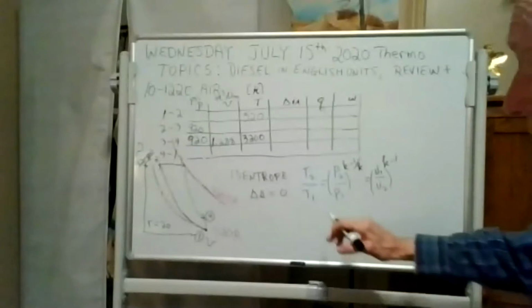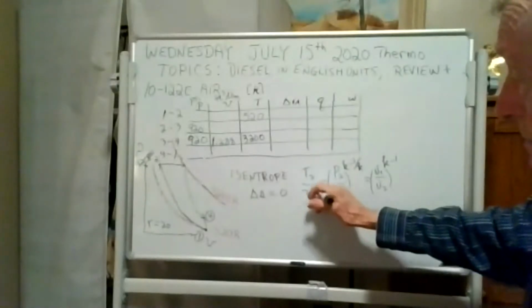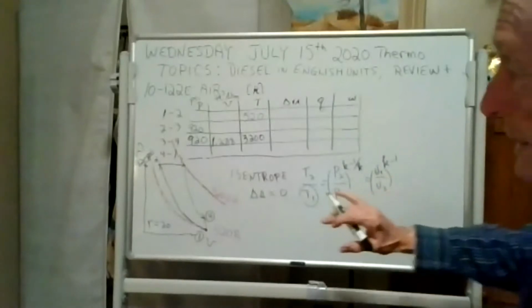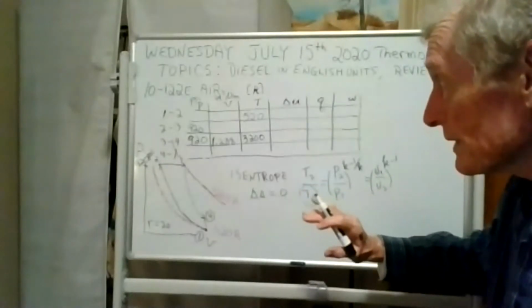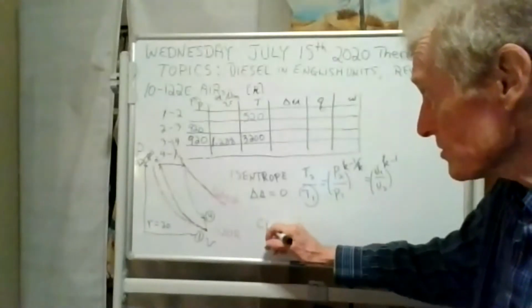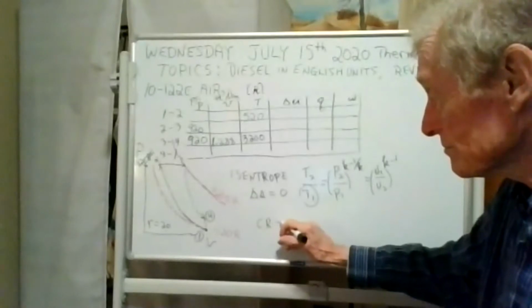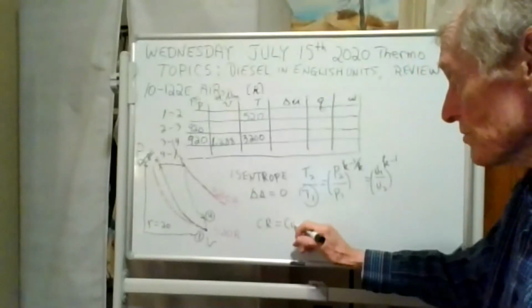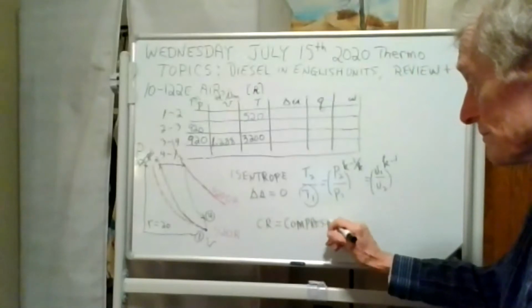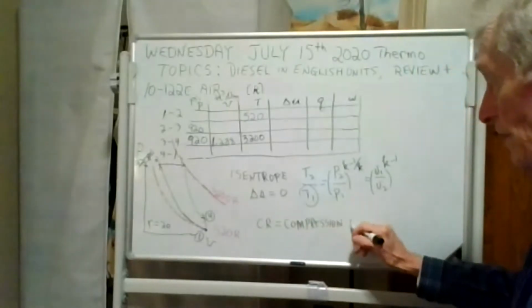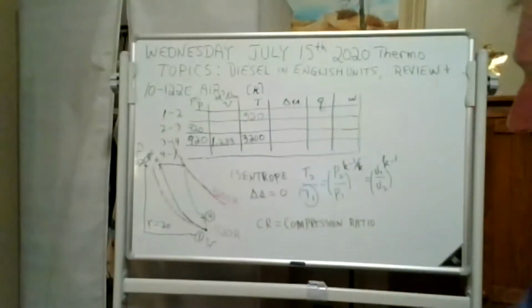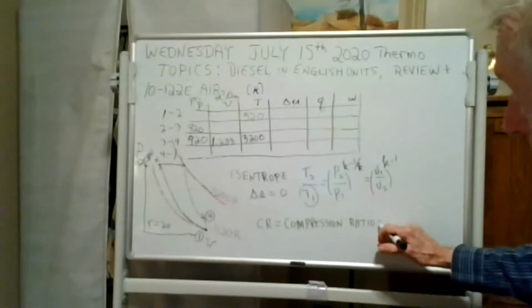But do we know T1? Well, yeah. And do we know V1 over V2? Well, it's a little bit subtle, but yeah, we know that. They said the compression ratio, see, the fancy name is compression ratio. That's what that stands for. They said it was 20, I believe.